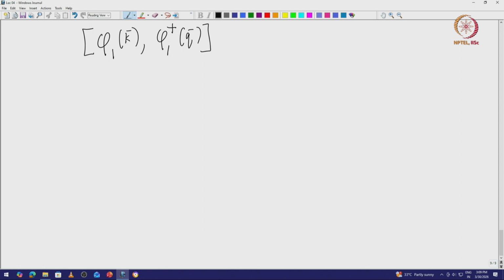You will know that this should not vanish, because what we know is that this should be 1 by 2 omega k delta cube of k minus q.